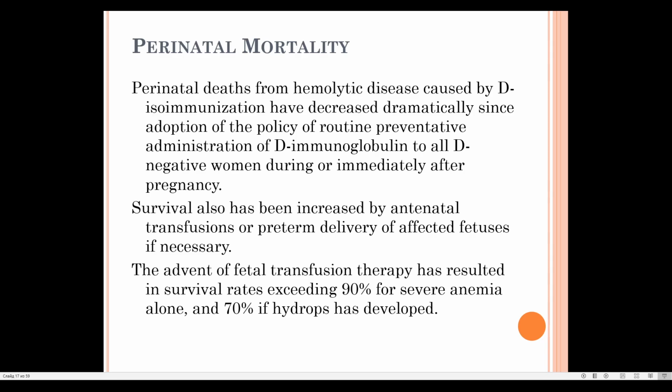Survival has also been increased by antenatal transfusions or preterm delivery of affected fetuses if necessary. The advent of fetal transfusion therapy has resulted in survival rates exceeding 90% for severe anemia alone and 70% if hydrops has developed.